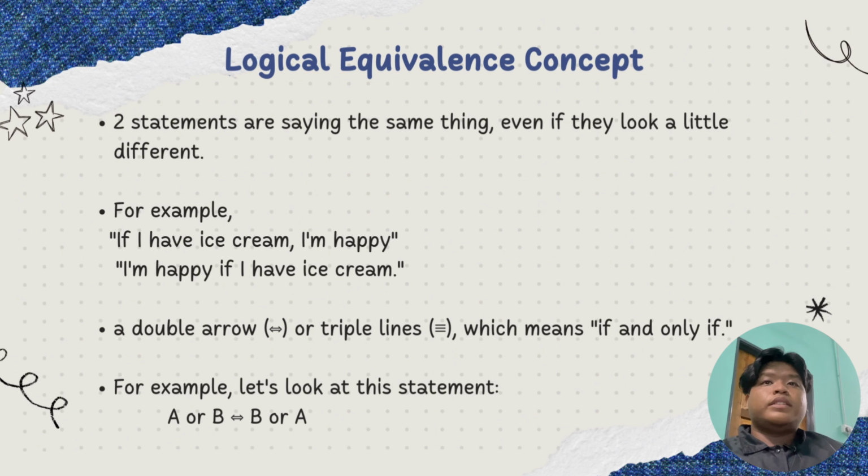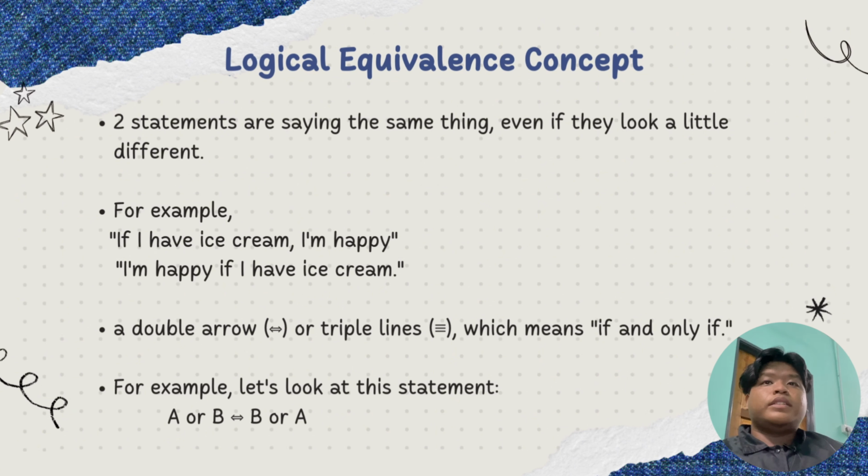Here we change the second statement to B or not A. The truth table shows that the results for A or B are different from the modified statement. This means they are not equivalent, since using not changes the outcome.